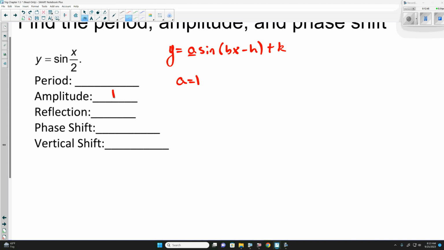We'll always have an amplitude, it just might be 1. Reflection? None, because the value of a is positive. The other spot where we could have a reflection is where b is, and it is positive as well, so there is no reflection. Phase shift comes from our h. There's not an h value there, so that is also none.